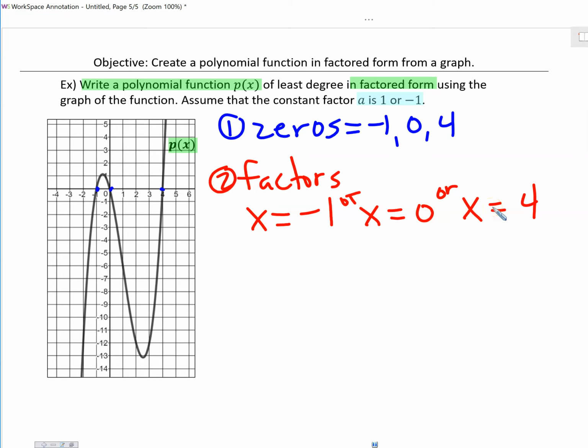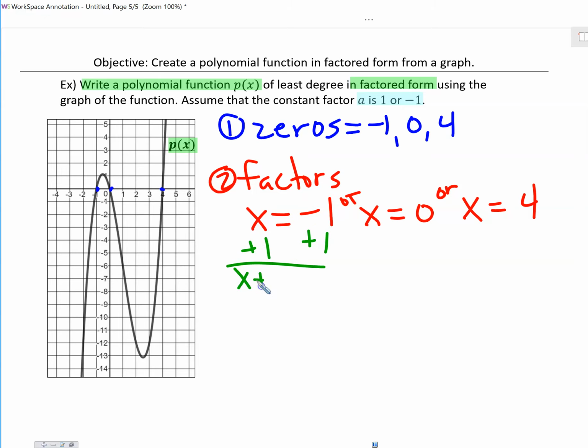Now we're going to use our algebra to work back to create the factors. And factors can be found by using our algebra so that we create an equals 0 over here on the right hand side. So I would add 1 to both sides.